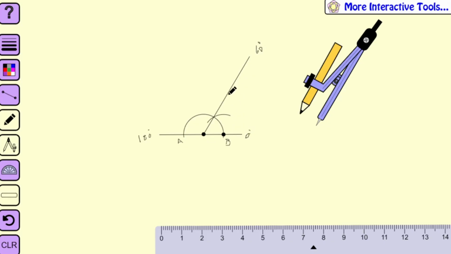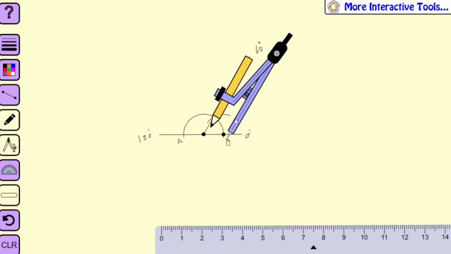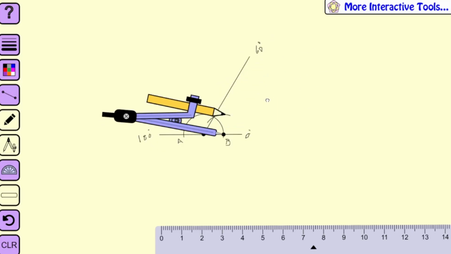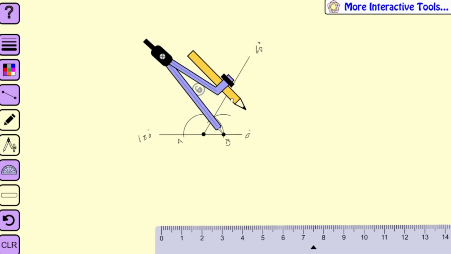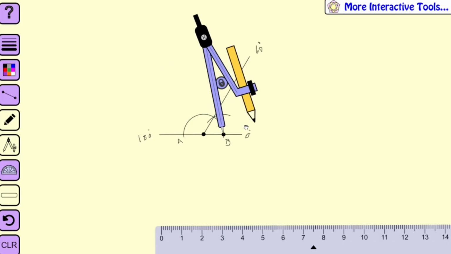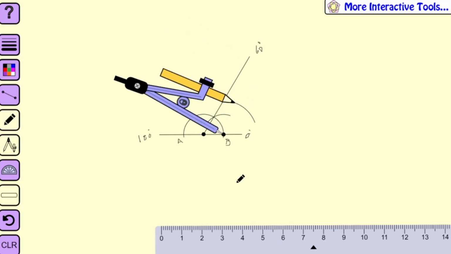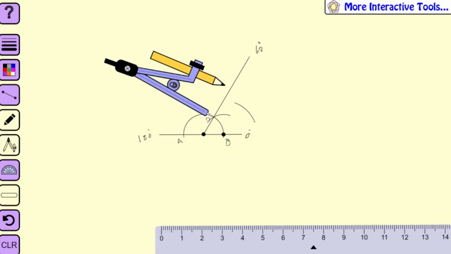Now, to bisect the 60-degree, in other words, cutting it in half, finding the geometrical center, place your point at B. We're opening a little bit more. We're going to scribe our first arc within the 0 to 60 mark, because that's what we want. All right. Scribe. And then use the other point now, where the semicircle is cutting this.